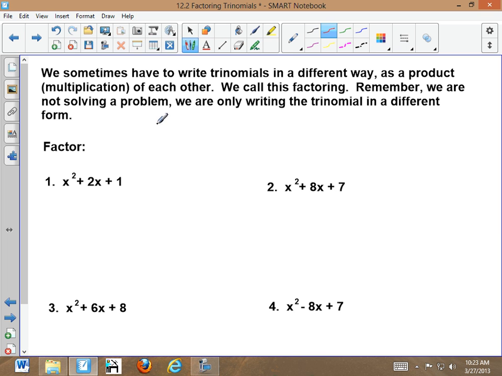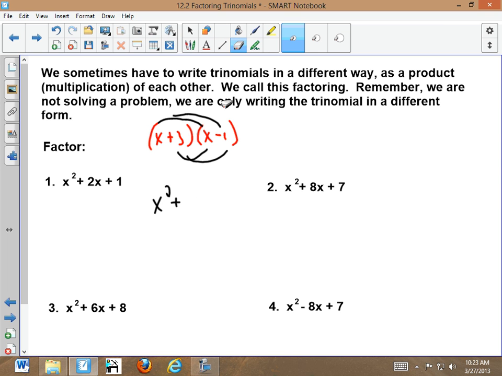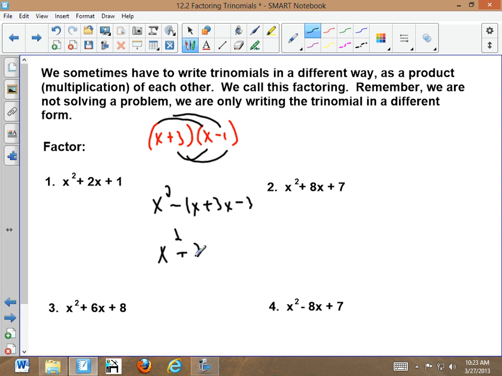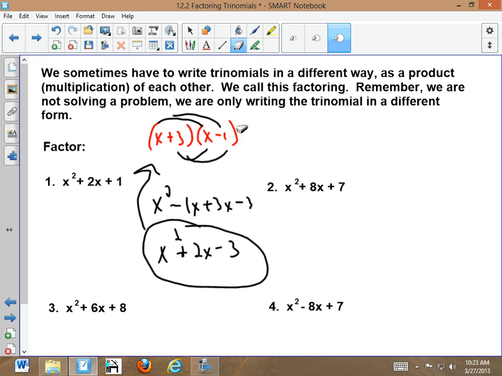So, when we did this right here, x plus 3 times x minus 1, we had to do the rainbows where we multiplied this out, and we ended up with x squared minus 1x plus 3x minus 3, and we got x squared plus 2x minus 3. Well, now we're taking the answer and we want to get this right here. Okay? So this is how we do this.